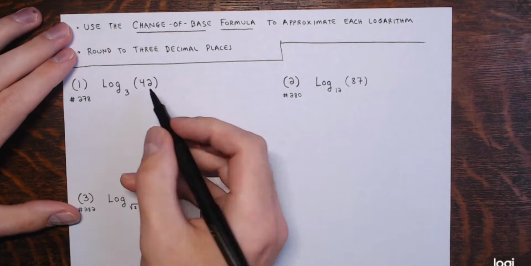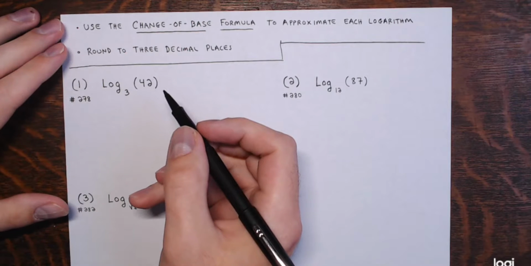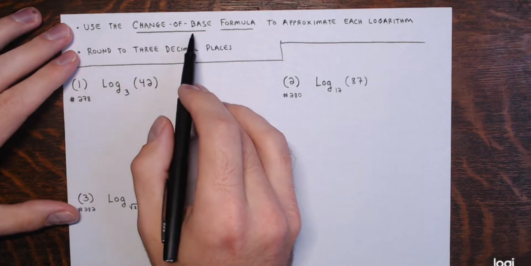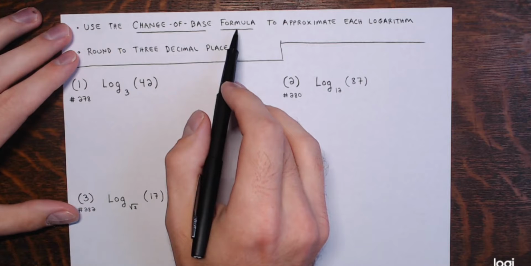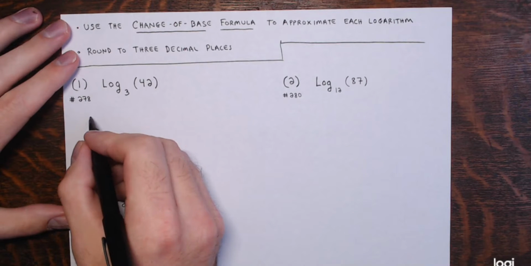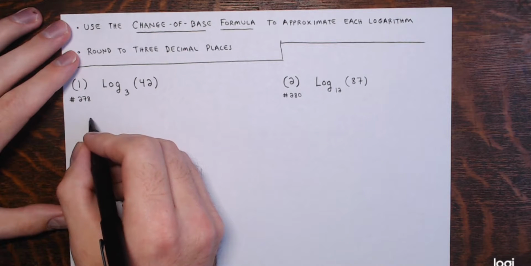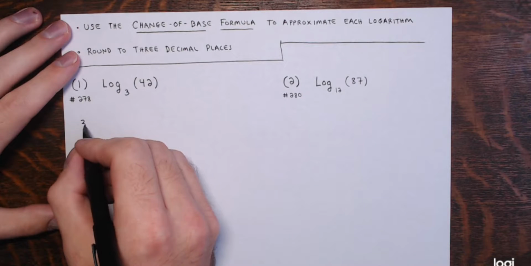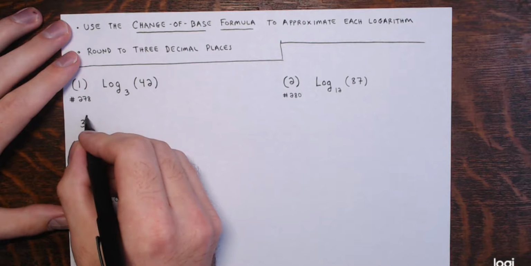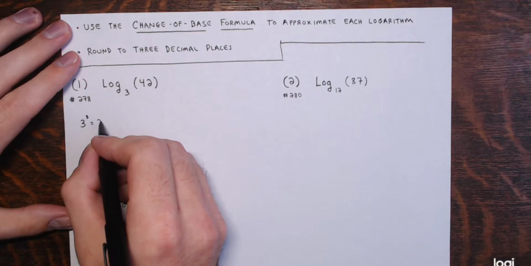Alright, so we can get a rough idea. Now, I know we're going to use a calculator in a second, and I'll get into what this change of base formula is. But we know that, here are some powers of 3. We know that 3 to the third is 27.